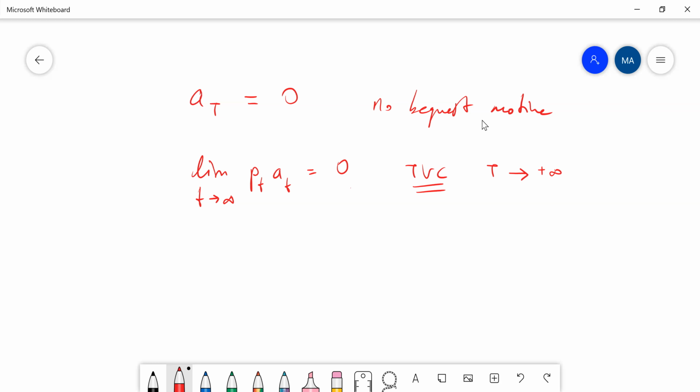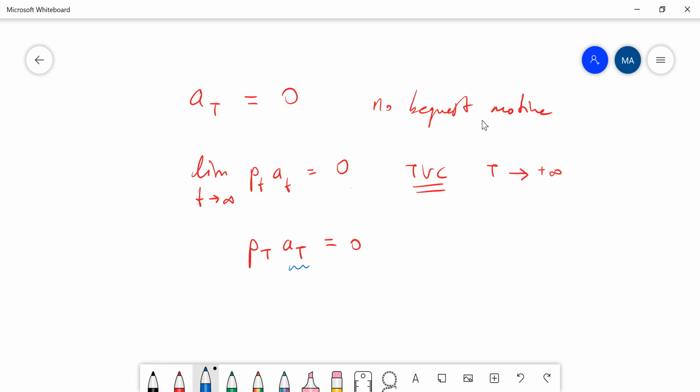Then you may tell me simply this. Now, what's happening here? Remember, I told you that this is like a control variable for the problem that we are studying, because I'm choosing it.